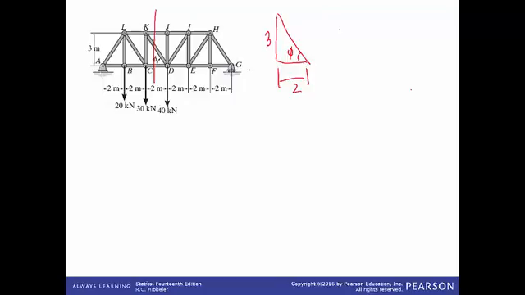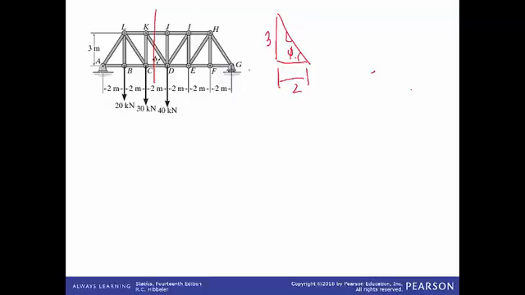I don't know how you would call that. And we can solve for that angle, or for now let's leave it like that as the slope for a moment. Let's try and solve this.